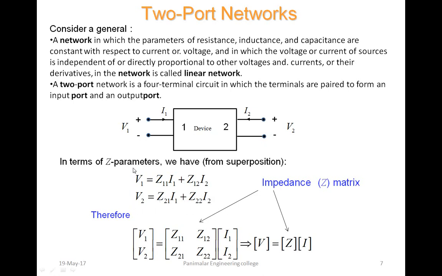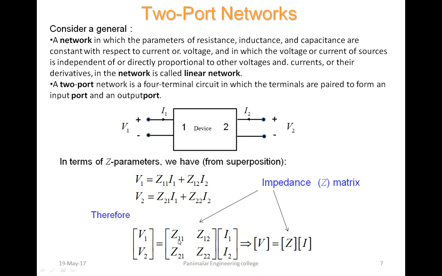This is the general equation in Z parameters, and the impedance matrix is written with the outputs V1 and V2, and the impedance values Z11, Z12, Z21 and Z22, because it is a two-port device which has four terminals.